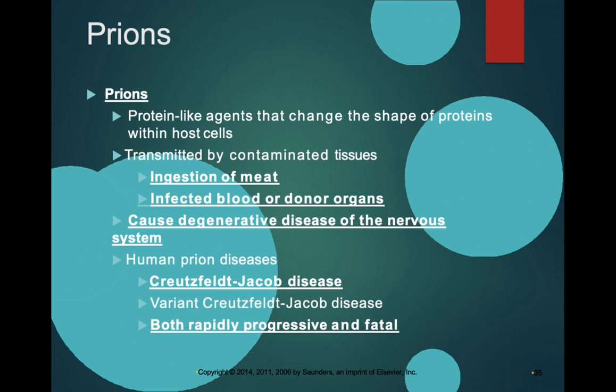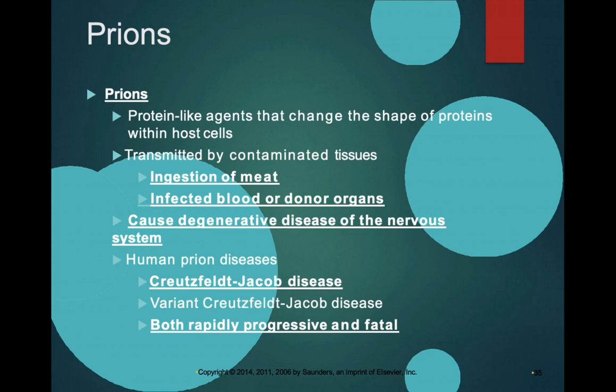Now, prions you may not have heard of, but prions are protein-like agents that change the shape of proteins within the host cell. They are transmitted by contaminated tissues, like the ingestion of meat or infected blood or donor organs. Prions are usually associated with neurodegenerative diseases.